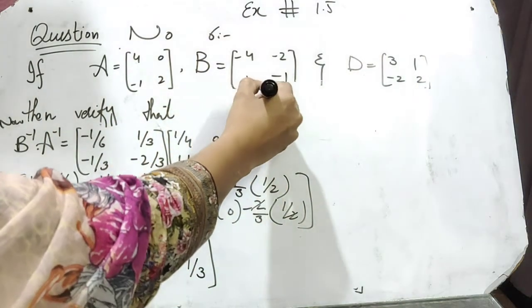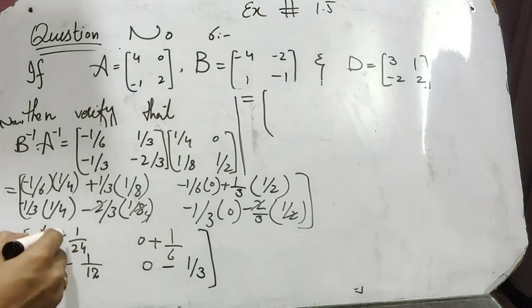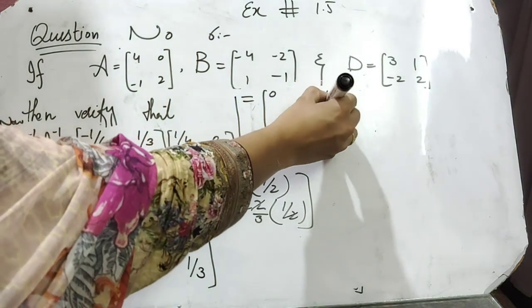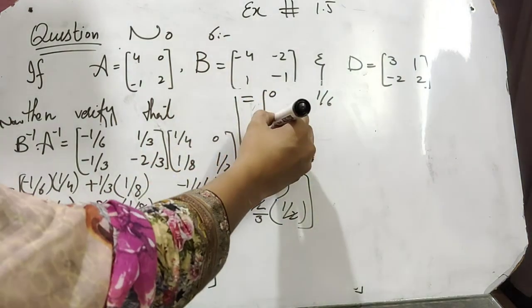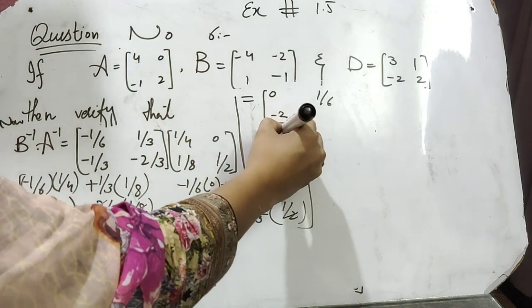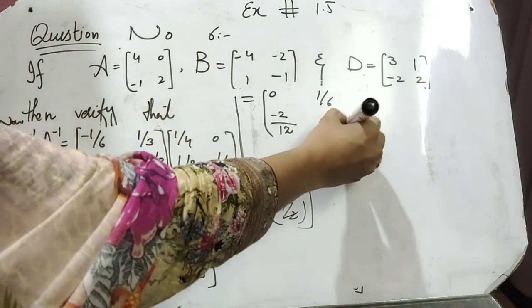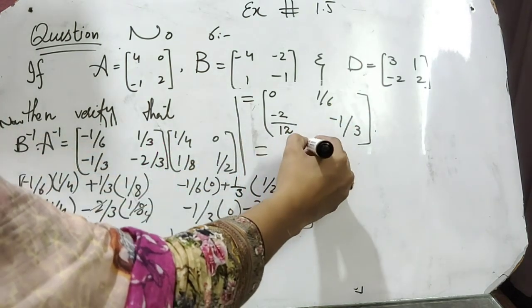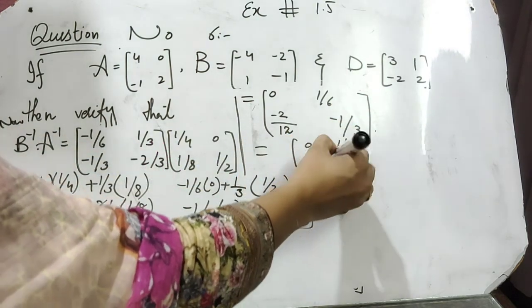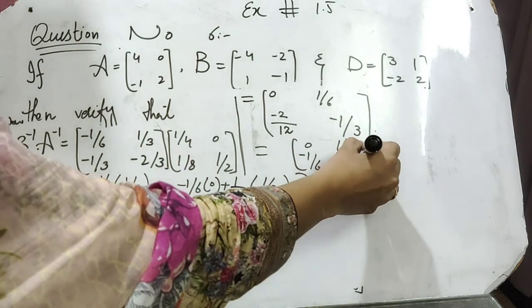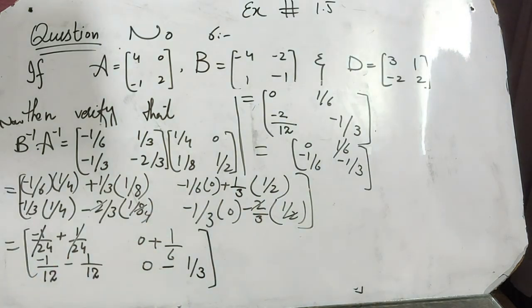Now this will be equals to -1 by 24 plus 1 by 24. The answer is 0. This is 1 by 6 minus 1 by 12 minus 1 by 12, it's minus 2 times 1 by 12, and this is -1 by 3. So it will be equals to 0, 1 by 6 minus 1 by 6 and -1 by 3. So this is the answer.